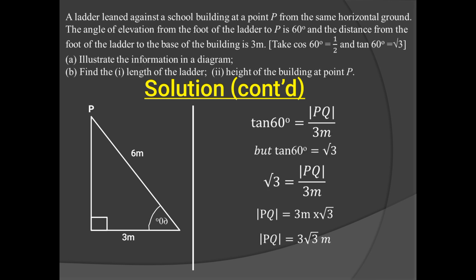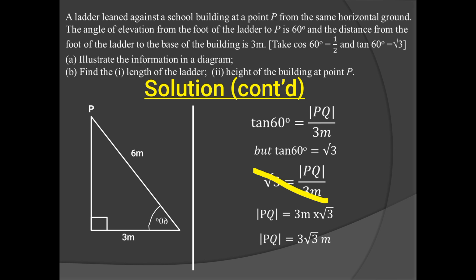In that case, we are going to get 3 meters times root of 3. Like I said, we are cross multiplying, and PQ multiply 1 is the same as PQ. So line PQ is equal to 3 meters times root of 3. Why is 3 times root of 3 written as 3 root 3?